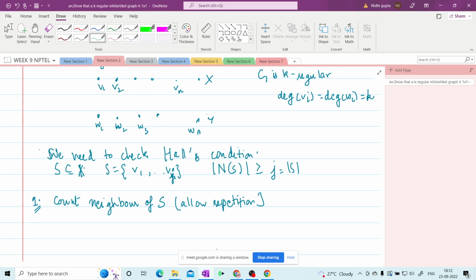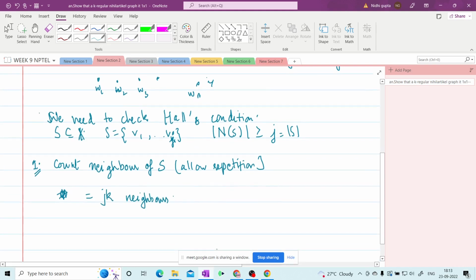So if we want to count the number of neighbors of S and we are allowing repetition, how many neighbors are there? So we have j vertices and each vertex has degree K. Therefore, this will give us jk neighbors, because degree of each Vi is K.